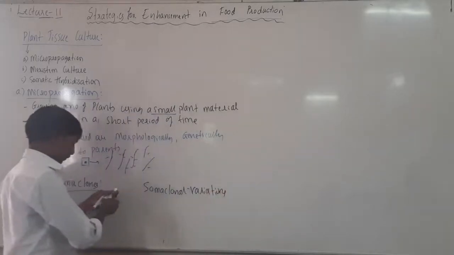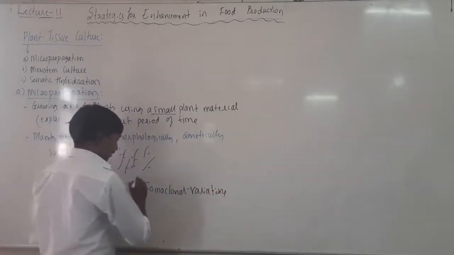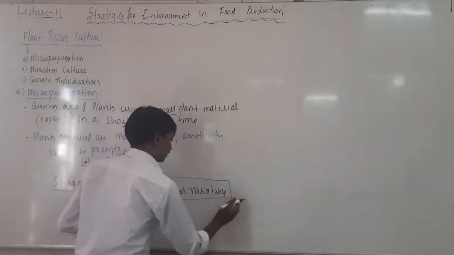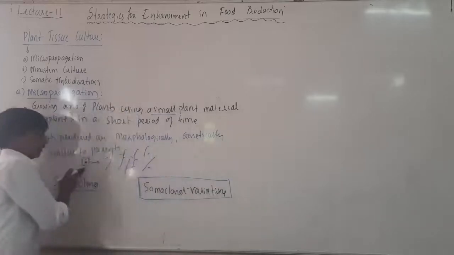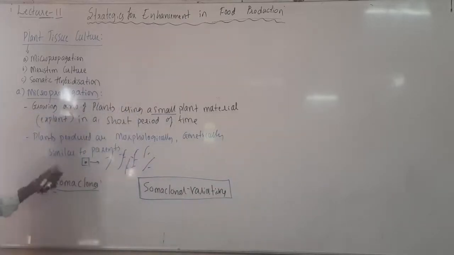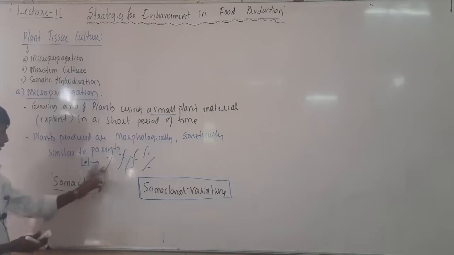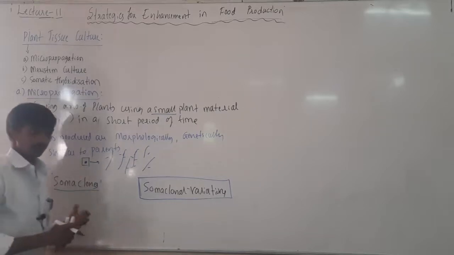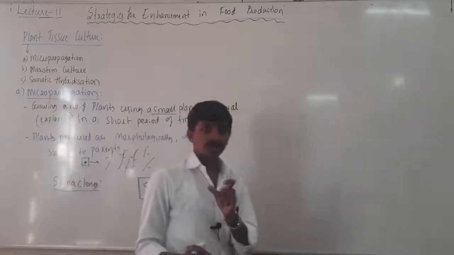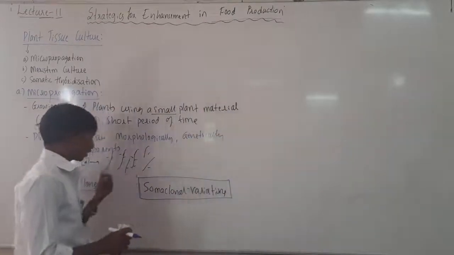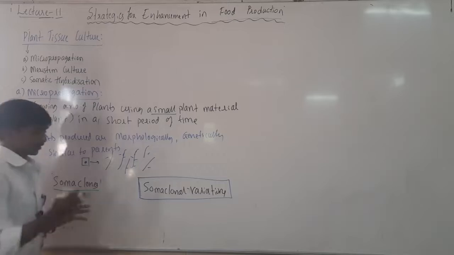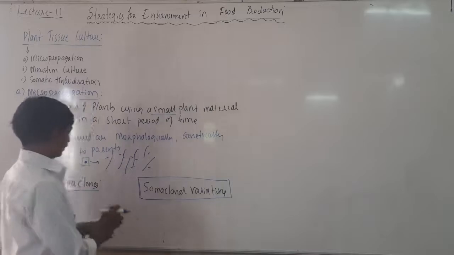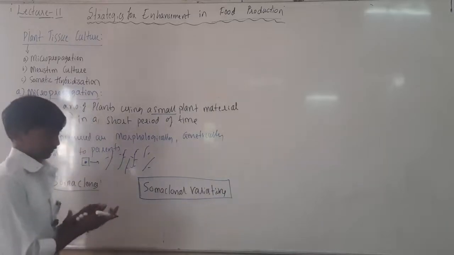The plants produced during the production of many plants using a small plant part are called somaclones, because they look morphologically and genetically similar. And there will be a small stable variation, called somaclonal variation, produced during this production of somaclones.